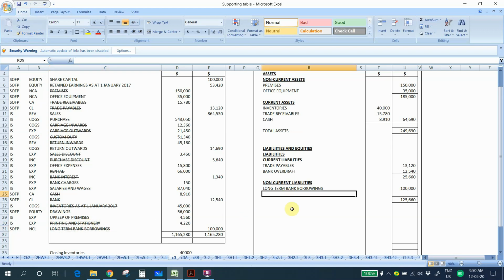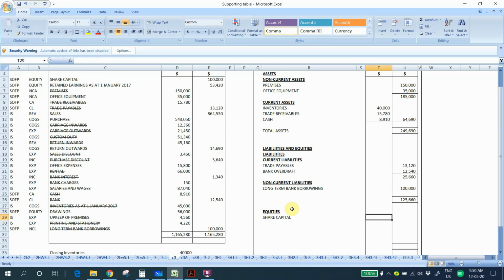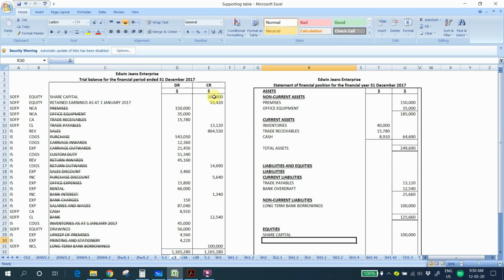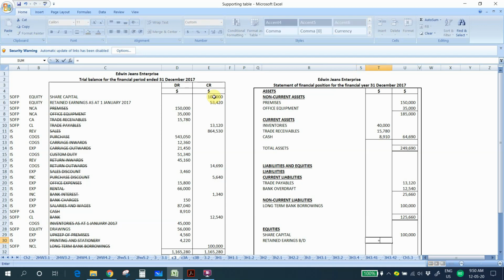Next, we record the equities of the company. For equities, we start from share capital. Share capital is 100,000. And then we include the retained earnings brought down, which is the opening balance, 53420.